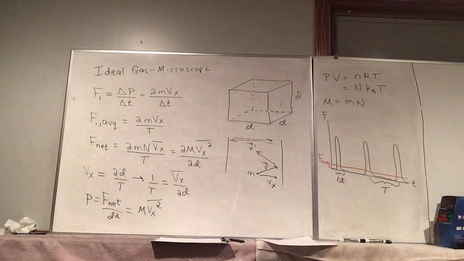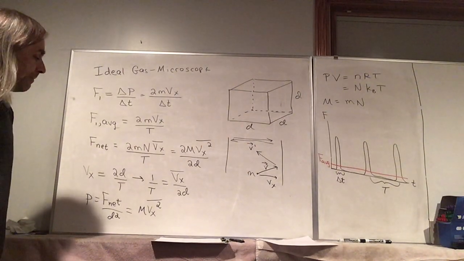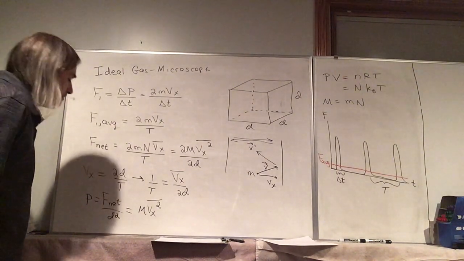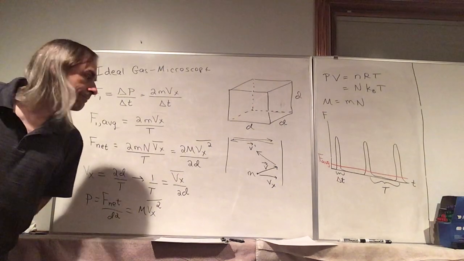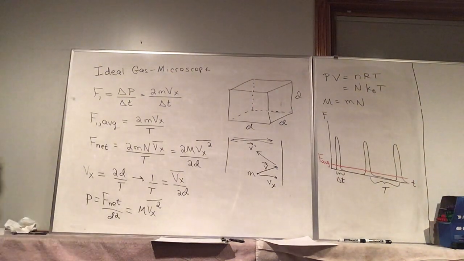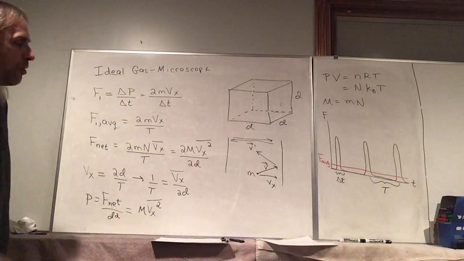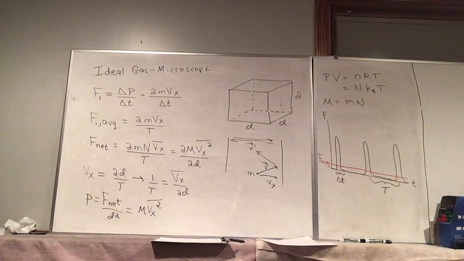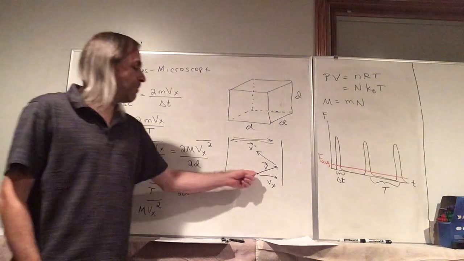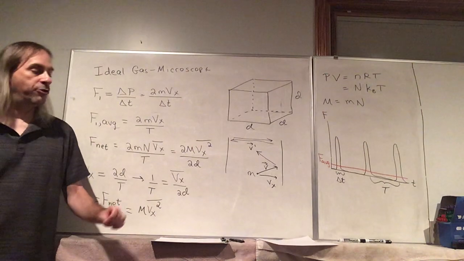Okay, so we've got Vx squared. All right, and I think we're good here, but we want to get rid of this Vx. We're just looking at the x component of the velocity. And if you have a particle, we're moving in 3 dimensions here.